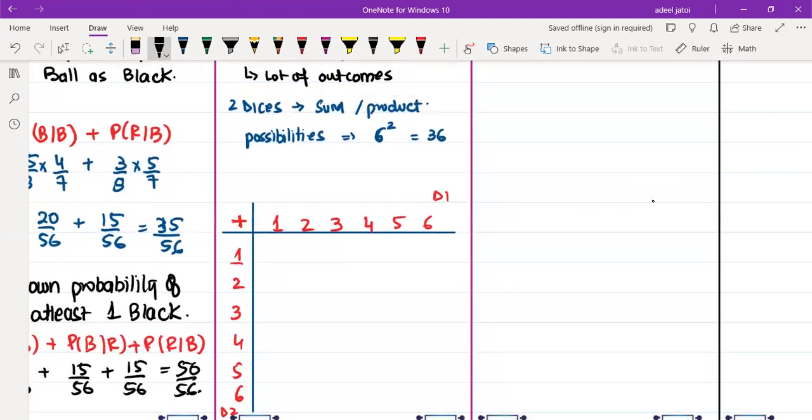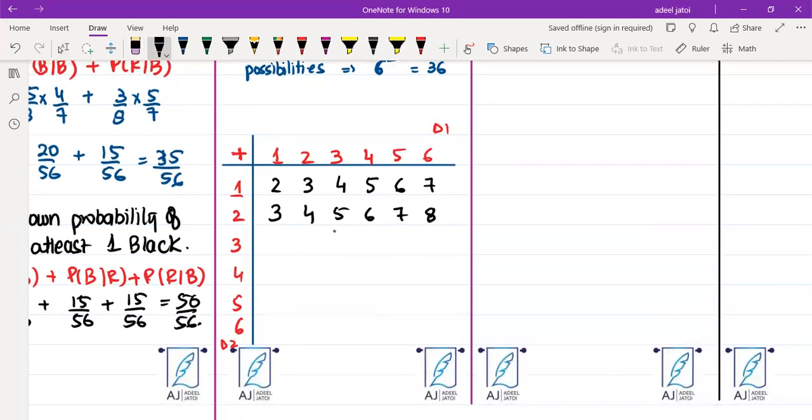So 1 plus 1 is 2, 1 plus 2 is 3, 1 plus 3 is 4. Similarly, 1 plus 4 is 5, 1 plus 5 is 6, 1 plus 6 is 7. This will be 2 plus 1 is 3, 2 plus 2 is 4, 2 plus 3 is 5, this would be 6, 7, 8. Moving further, 3 plus 1 will be 4, this would be 5, 6, 7, 8, 9.